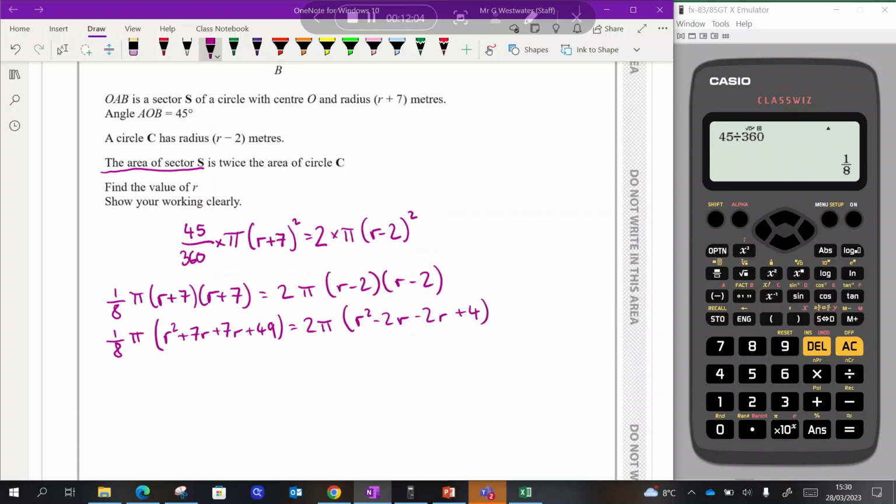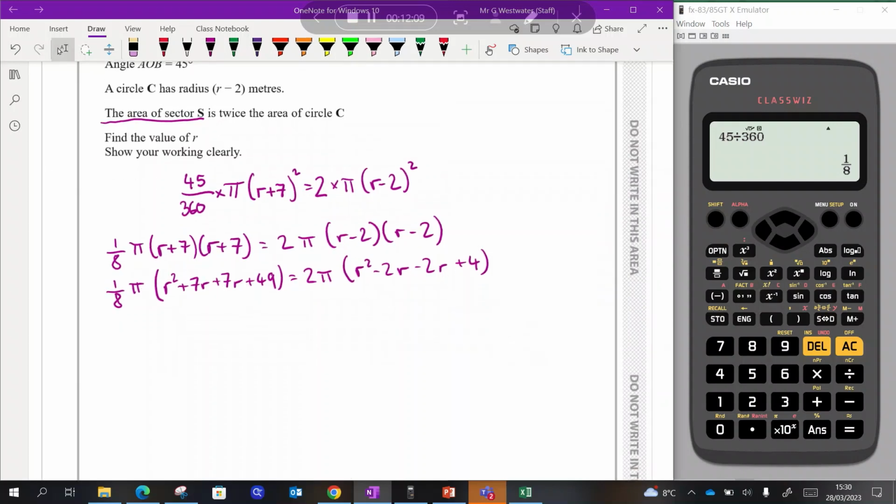Okay, now one thing I'm going to do here is I'm going to divide both sides through by pi. Okay, it's not really needed here. So we've got an 1/8, and let's simplify this, r squared plus 14r plus 49 equals 2 r squared minus 4r plus 4.